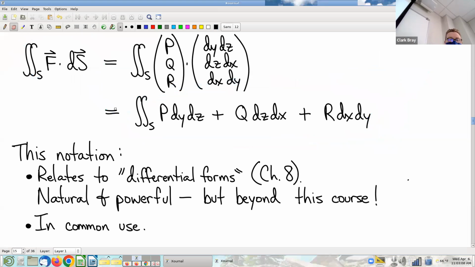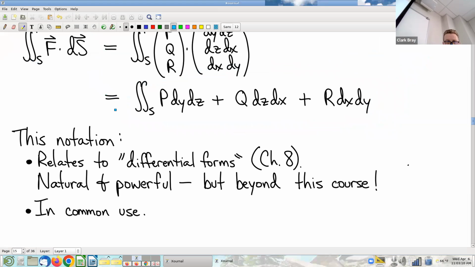But just like with coordinate line integrals, just for the record, from the point of view of work that's done at a much higher level than Math 219, this is actually quite natural. This is an example of something called a differential form. Differential forms are powerful, sophisticated, really pretty awesome stuff, but it's just not what we're going to be doing in this course.